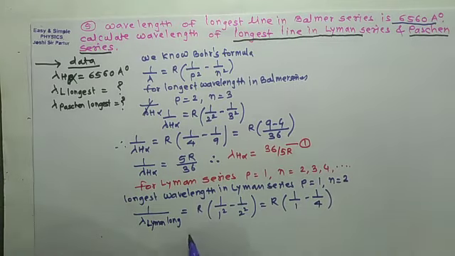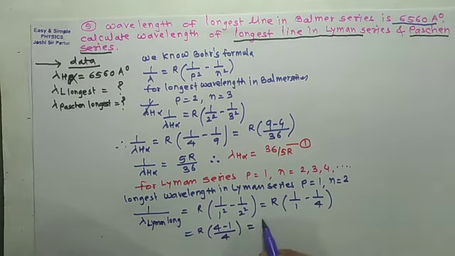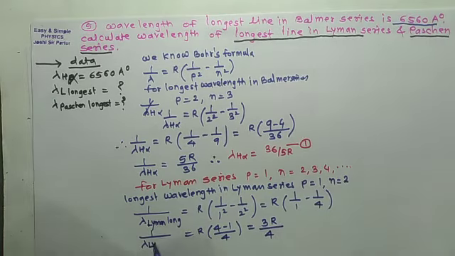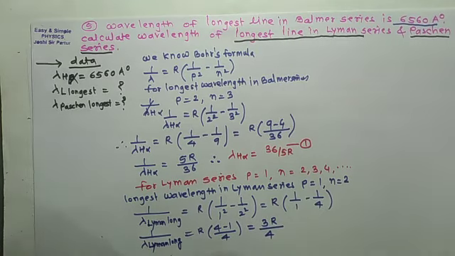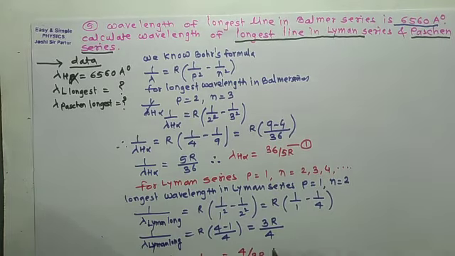By cross multiplication, R in bracket 4 minus 1 upon 4, which is 3R upon 4, that is 1 upon lambda Lyman longest. Taking the reciprocal, lambda Lyman longest is equal to 4 upon 3R. This is equation number 2 for Lyman series.